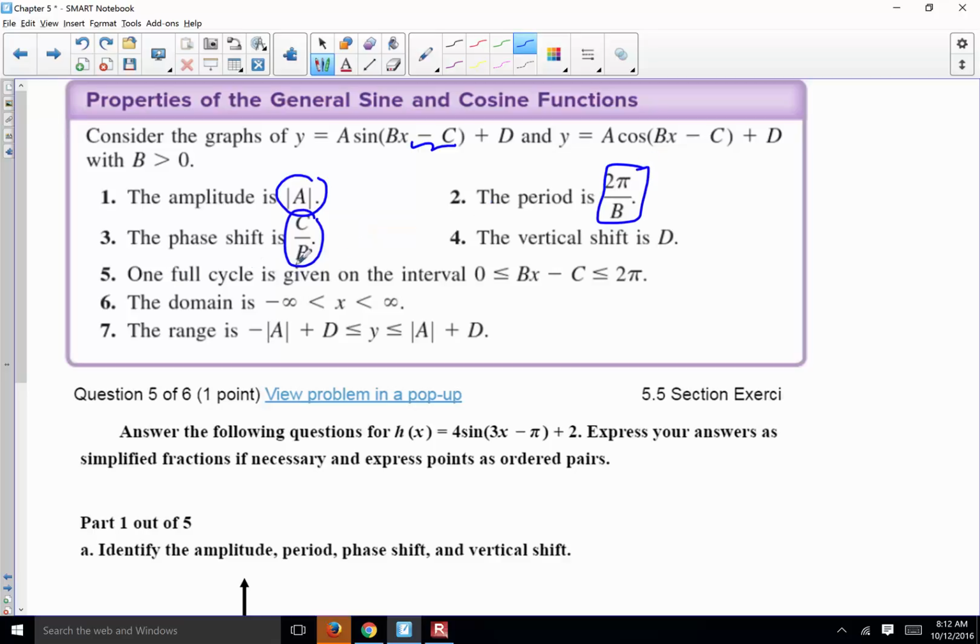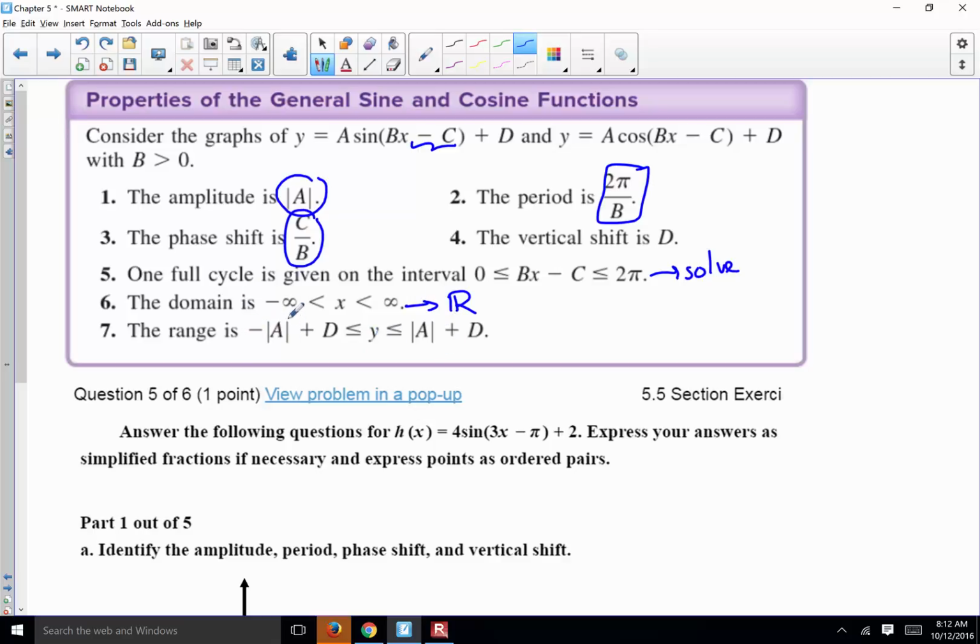And we figure out the full cycle, where it starts and ends, by solving this. You need to solve this to figure out where it starts and ends. Domain of sine and cosine, don't worry about that. It's always all real numbers. This is special notation for that. And you don't want to worry about this one.